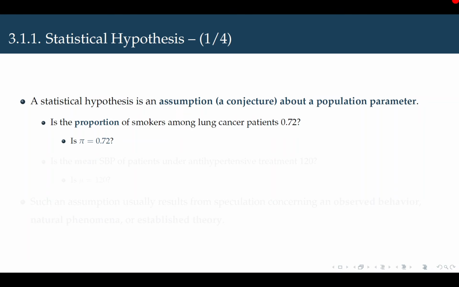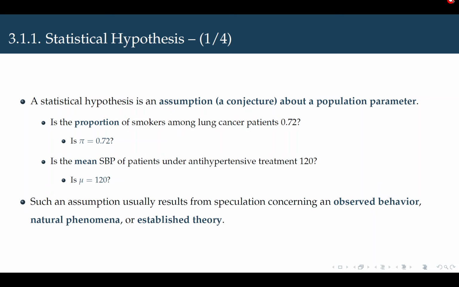It's just an assumption that is obtained from, let's say, our observation or a certain established theory or from a certain natural phenomena. So here we are interested in testing whether the population proportion of smokers is significantly different from 72% or not. We need to check whether 0.72 is a plausible value for the population proportion of smokers.